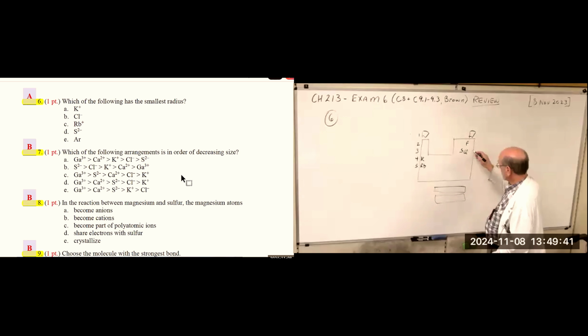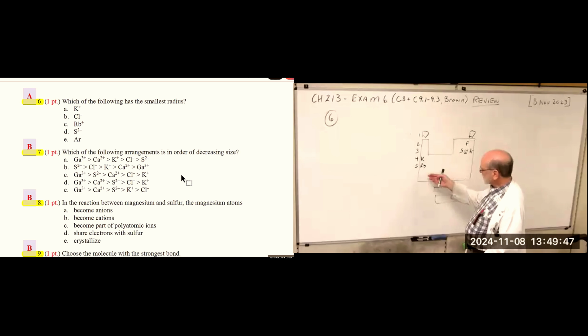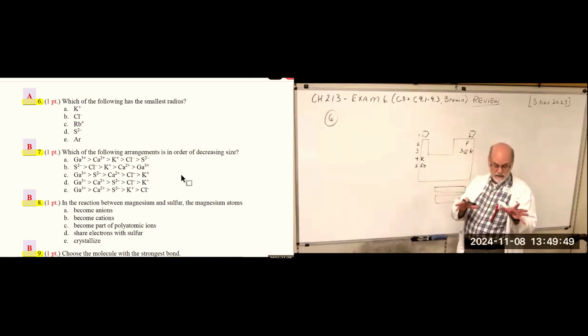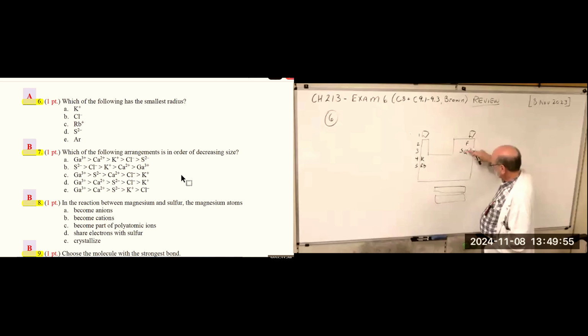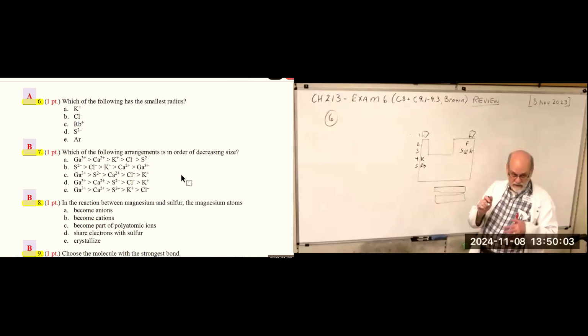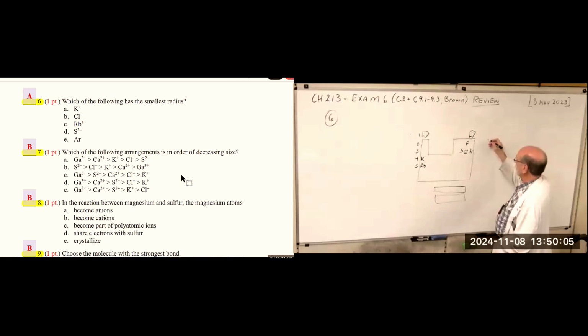Argon is over here. Okay. So we know that this is going to be atomic speaking, neutral atoms. It's going to be biggest, next, then they shrink this way. So it'd be next largest, then smaller, and then the smallest. This would be the order for atomic.